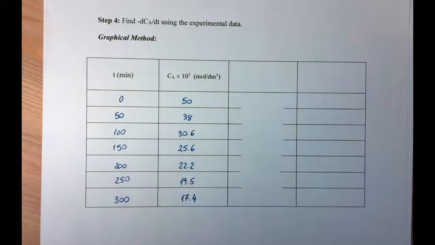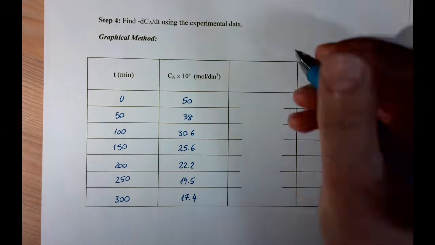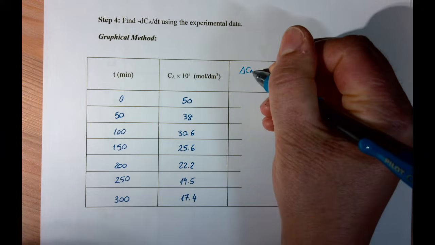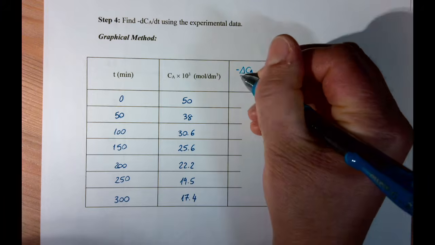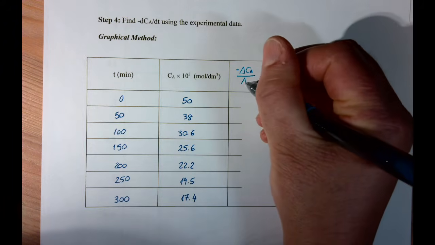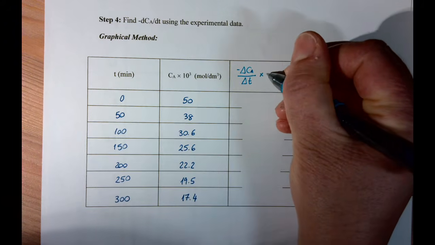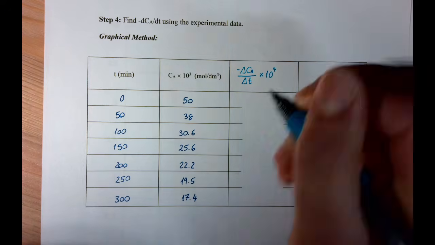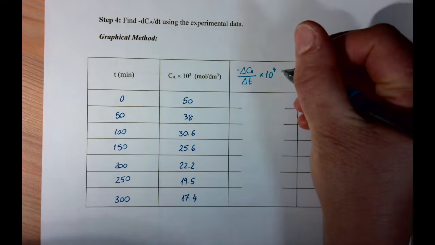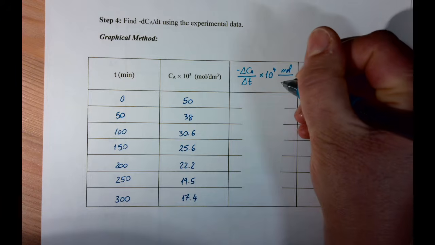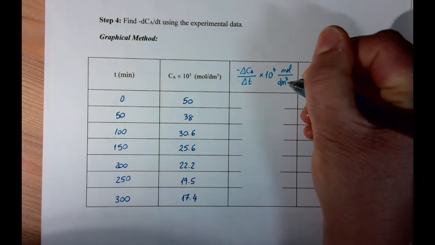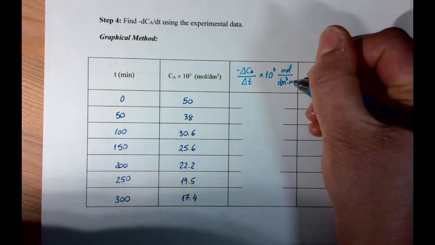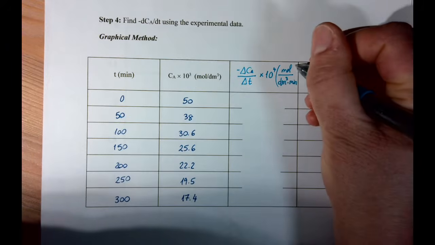Now the next column that I want to create is the minus delta CA over delta T times 10 to the power of 4, in moles per cubic decimeter per minute.